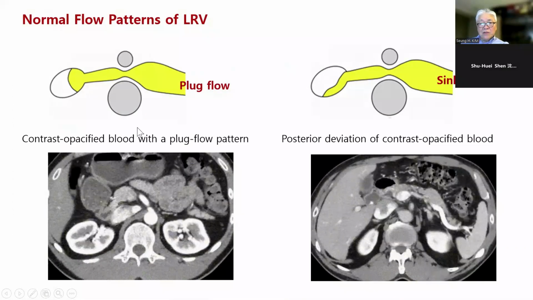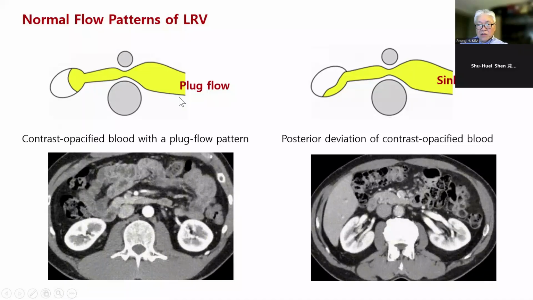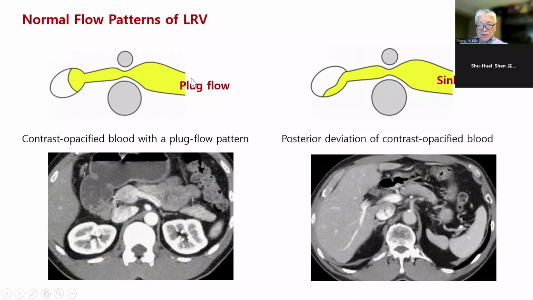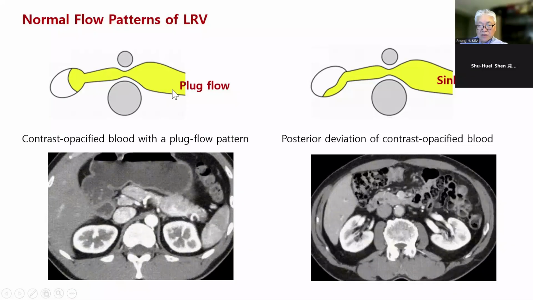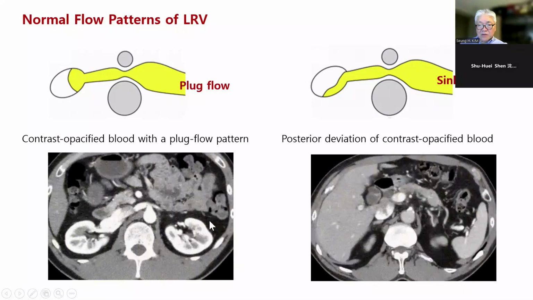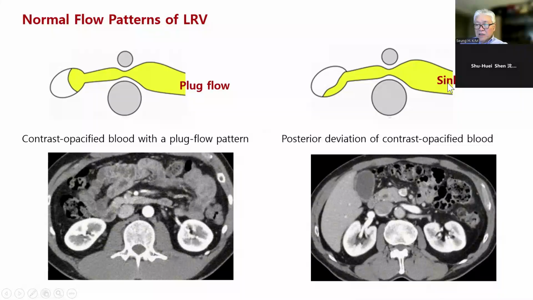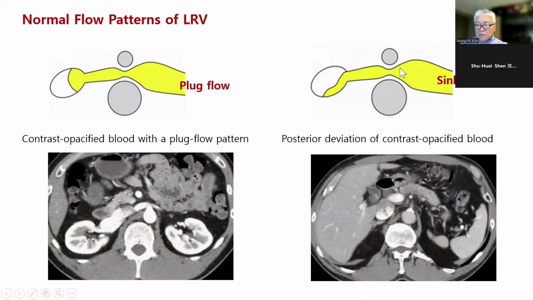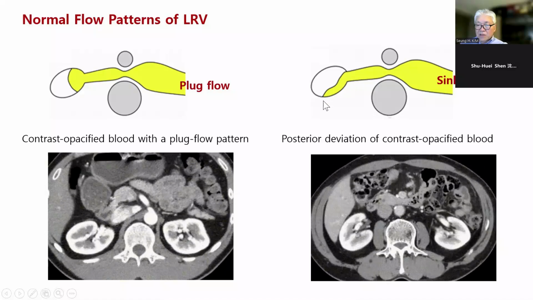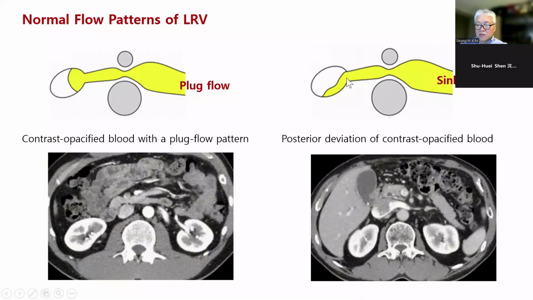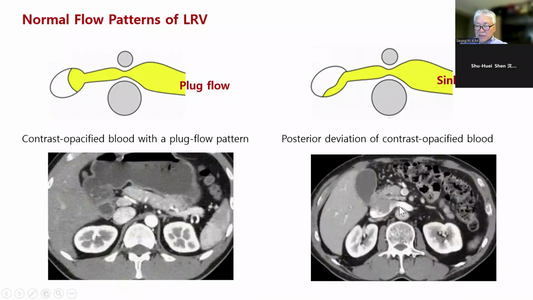So this is pattern 1, plug flow: the slow, same-speed movement, like this one. This indicates no nutcracker phenomenon. Then this heavier contrast opacified blood flows along the dependent posterior margin of the inferior vena cava, like this.